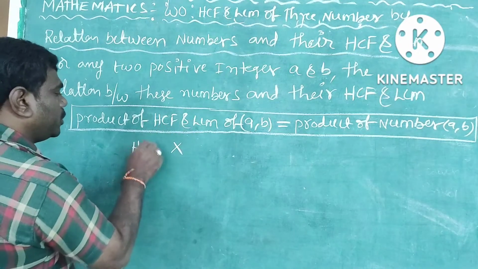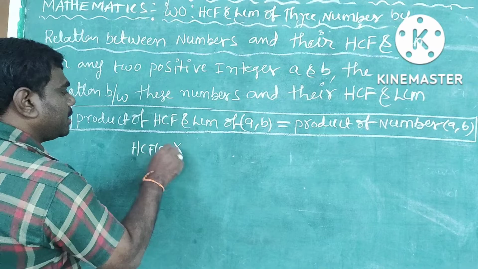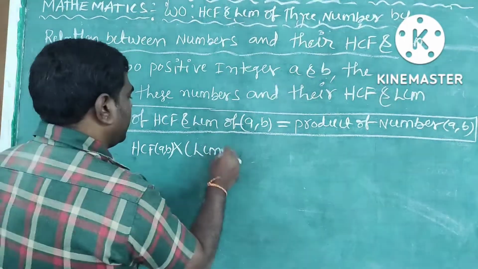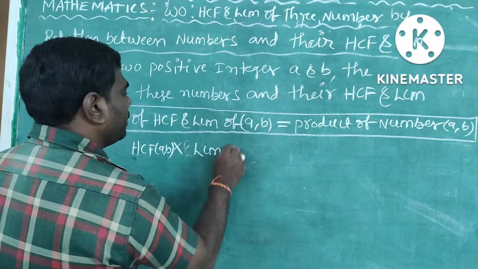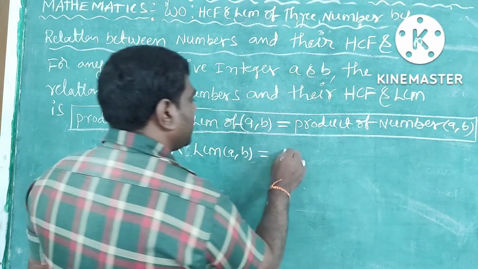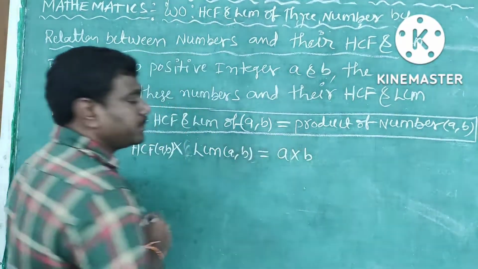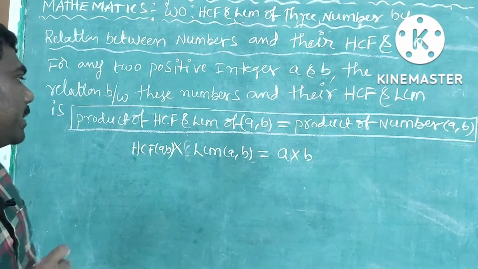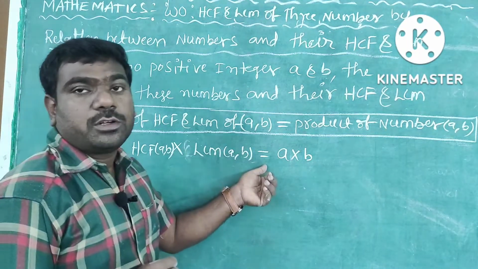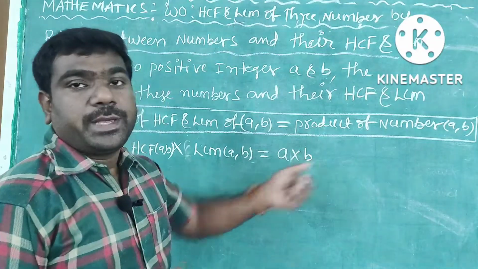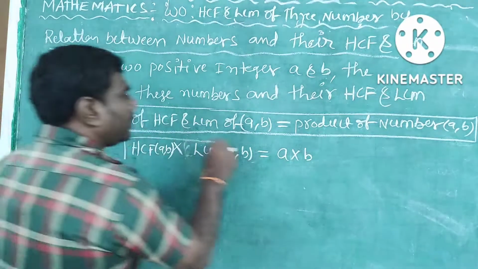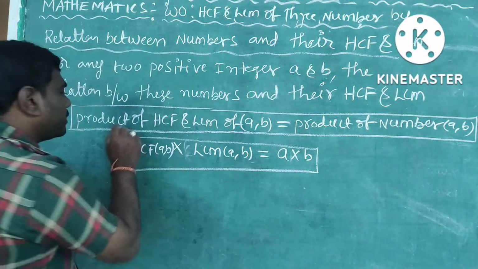HCF of two numbers into LCM of two numbers is equal to the product of two numbers, which is nothing but A into B. It is in simplified manner: HCF of two numbers into LCM of two numbers is equal to A into B. So by using this relation, we can write some sub formulas.